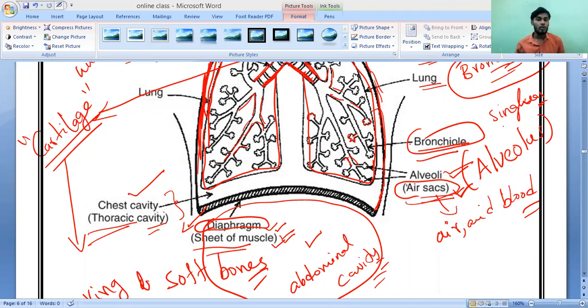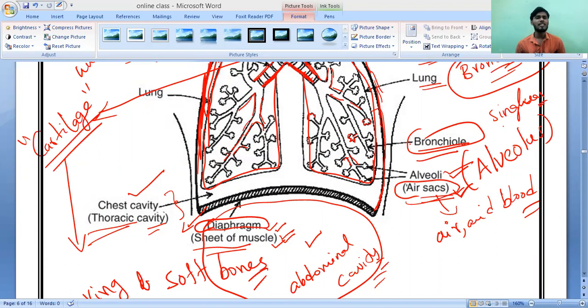So this is all about the human respiratory system. If you observe here, it starts from the nostrils and ends with what? Alveoli. Correct or not? The human lungs have been designed to maximize the exchange of gases to meet the oxygen requirement of our body.